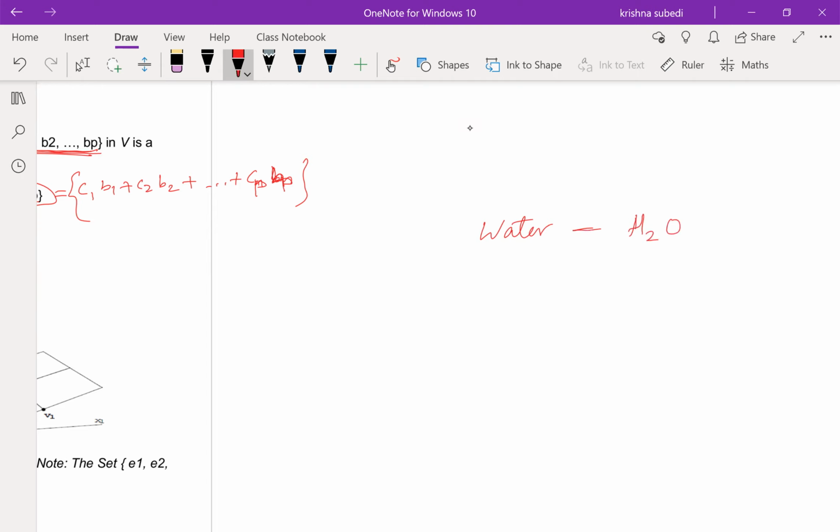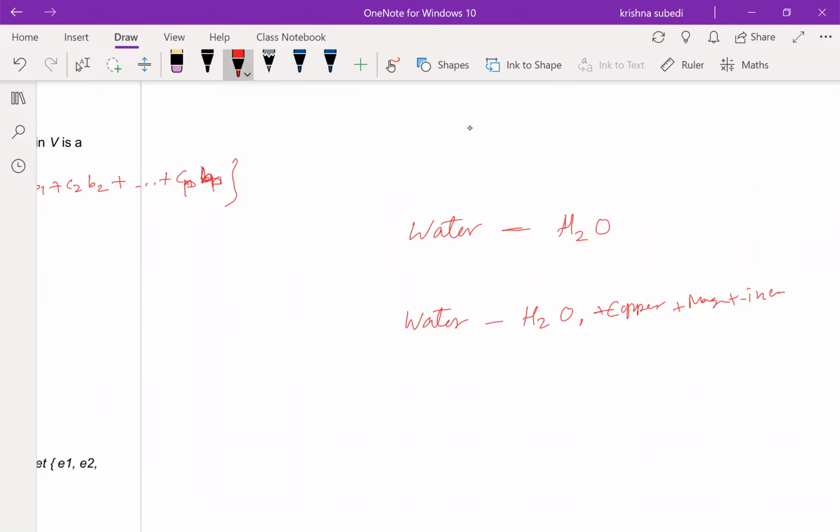It must be that. But if I say water, the water that we drink, it has not only H2O, it has maybe some other minerals. Maybe it may have some copper, some magnesium, it can have iron, it can have salt. Those are also called water, right?